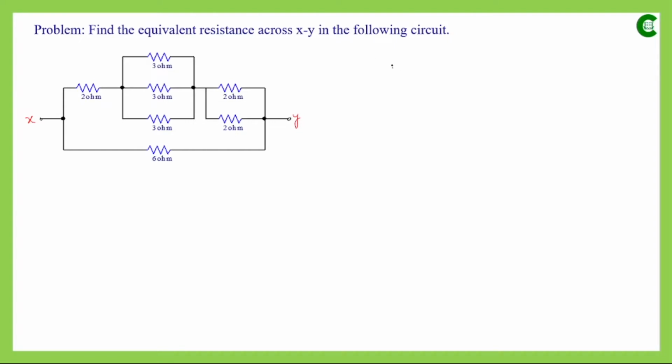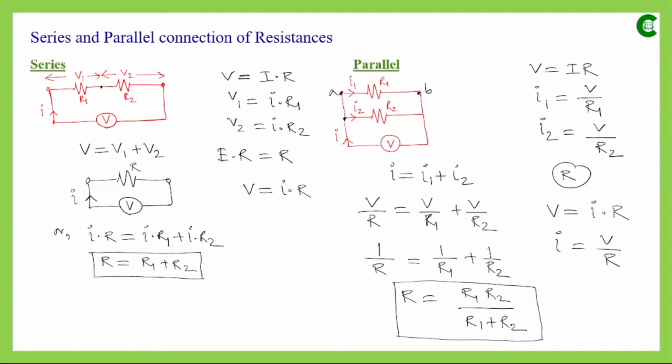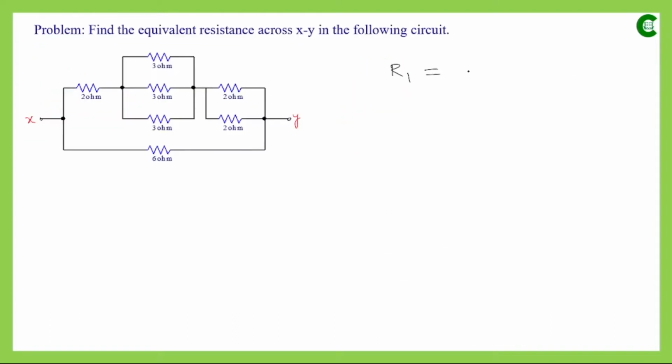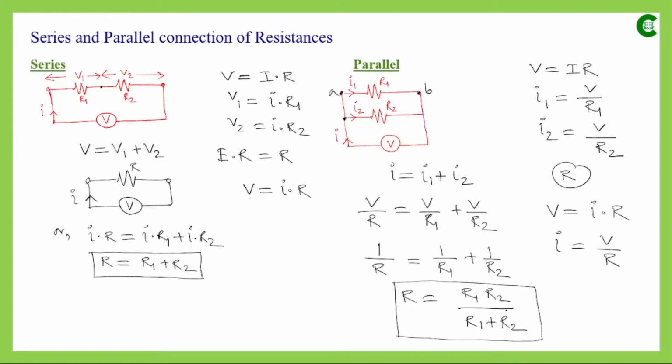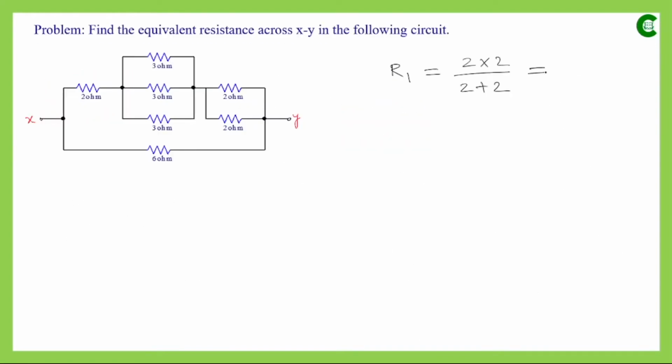If we assume that the equivalent resistance value of this parallel connection is R1, then it will obey this formula. So it will be 2 multiplied by 2 divided by 2 plus 2, that we have seen in this formula. So it will be 4 divided by 4, that means 1 ohm.